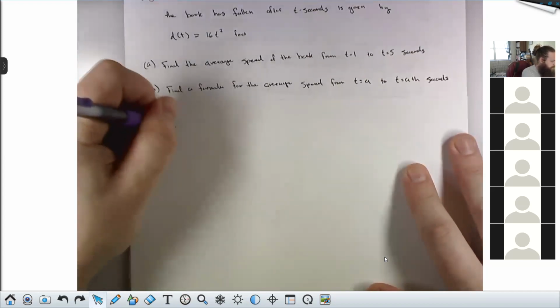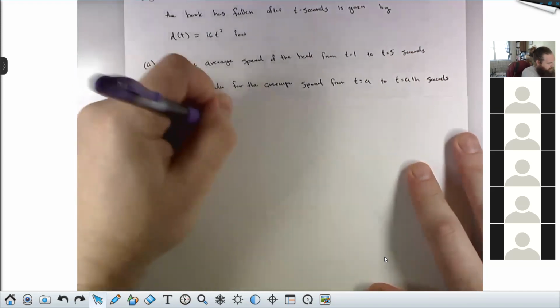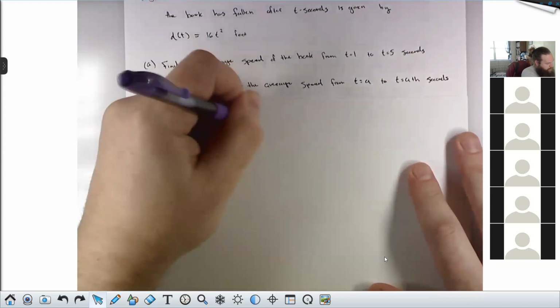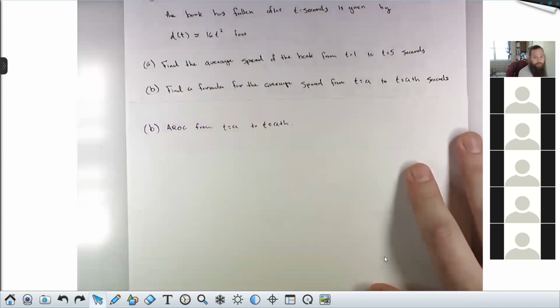Here what I'm looking for is the average rate of change from t equals a to t equals a plus h. I don't know what a is, it's just some constant. I don't know what h is, it's just some other constant. So I'm not going to be working with numbers here. I'm going to have some symbols, algebra, that I need to simplify.